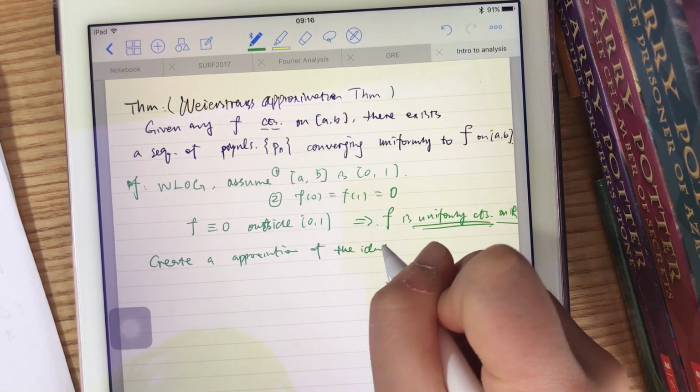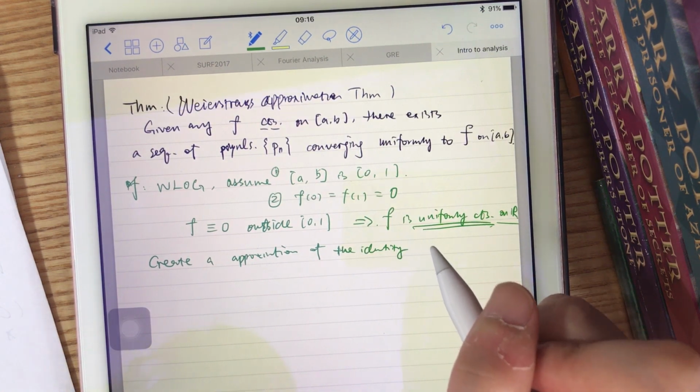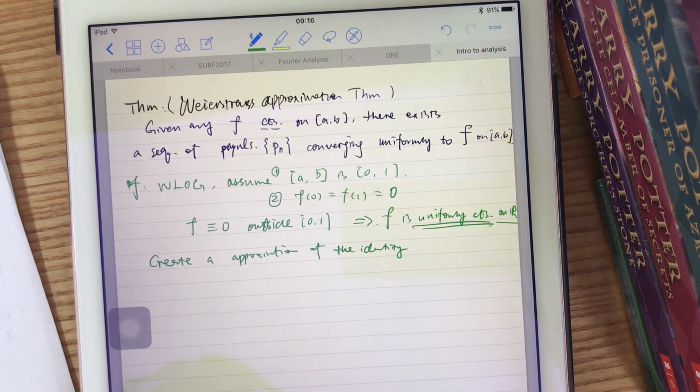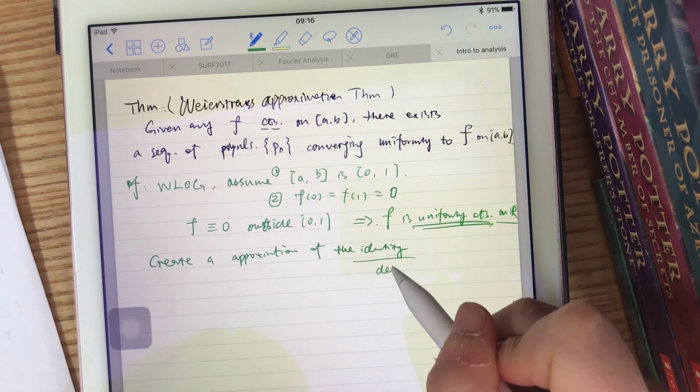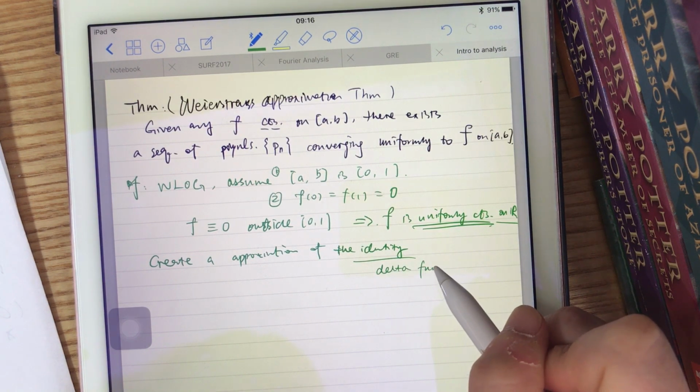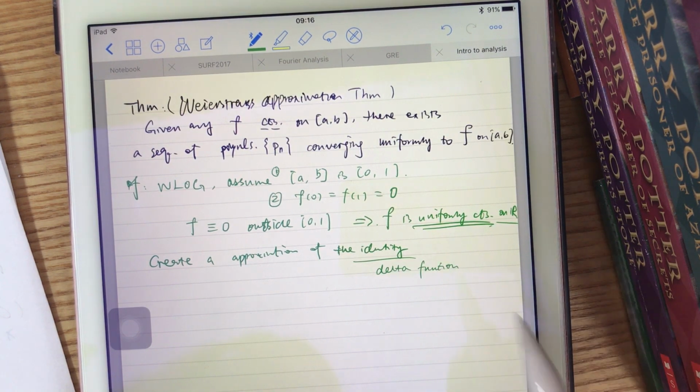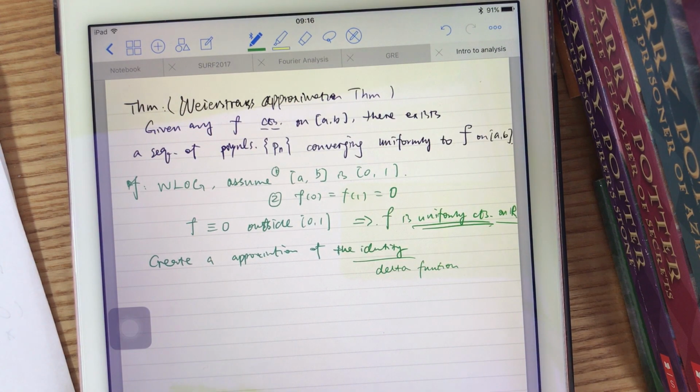I didn't mention this in the previous video or in any other videos because we haven't got there, but the approximation of the identity is actually the approximation of, so what is the identity? The identity is simply the Dirac delta function. The delta function has a certain property: if you take the convolution of the delta function with any other function, you will get exactly the value of that function at any point.